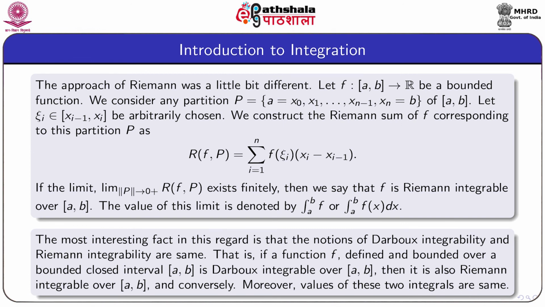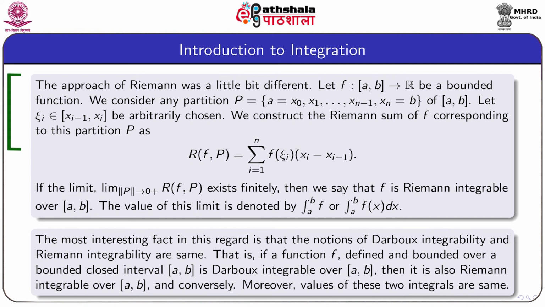The approach of Riemann was a little bit different than that of Darboux. Let f from [a,b] to R be a bounded function. We consider any partition P with points of partition a = x0, x1 up to xn = b. Let ξi be a point arbitrarily chosen from the bounded closed interval [x(i-1), xi].